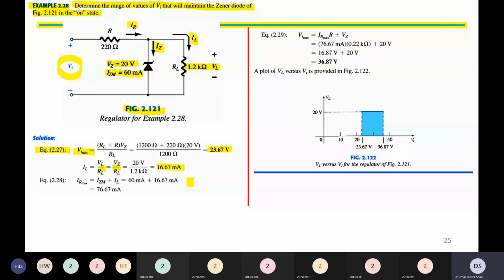And then the maximum current through R, that is IR maximum, is equal to IZ maximum plus IL. It is equal to 60 milliampere plus 16.67 milliampere, that is 76.67 milliampere.